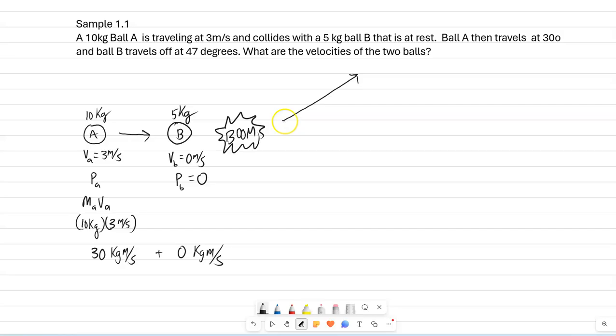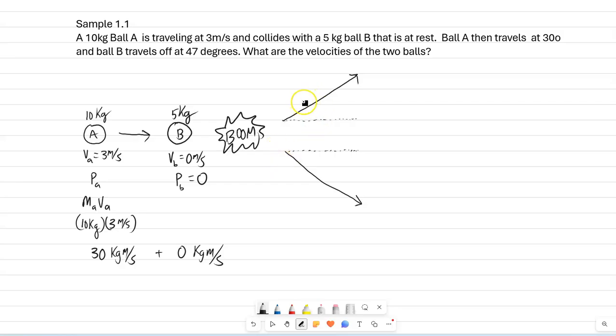And when you write this, we're going to make a little triangle out of this because we need to indicate the angle, and also it's going to help us when we need to break these momentums into their x and y components. And leave this space right here so that you have enough room to write, because you're going to put some things here and you're going to put some things there.